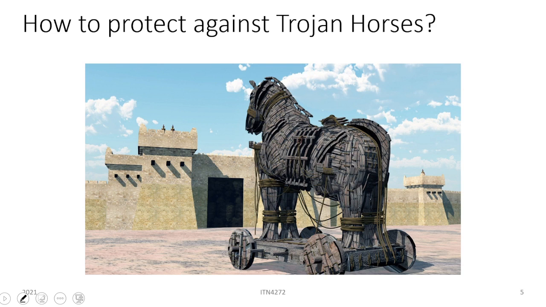So additional analysis and understanding of the overall network and communication environment is established, and based on that, we would be able to detect any anomalies and block them, to potentially protect against Trojan horses or similar attacks.